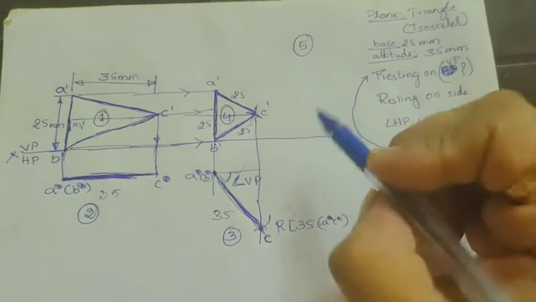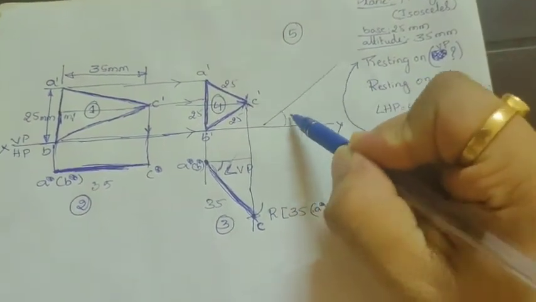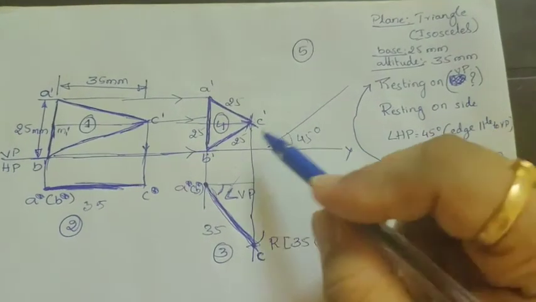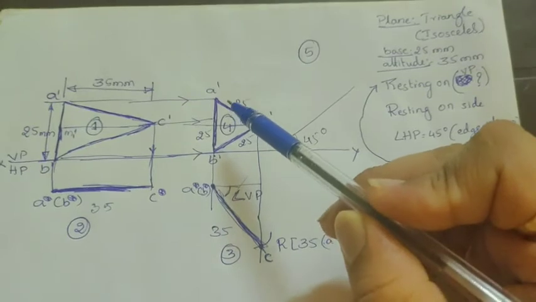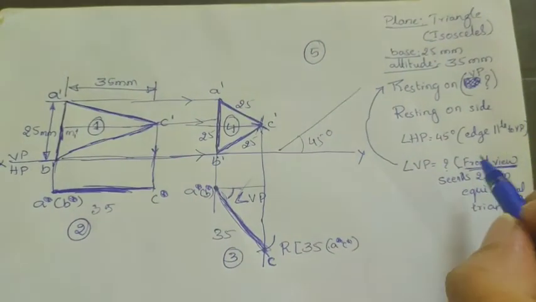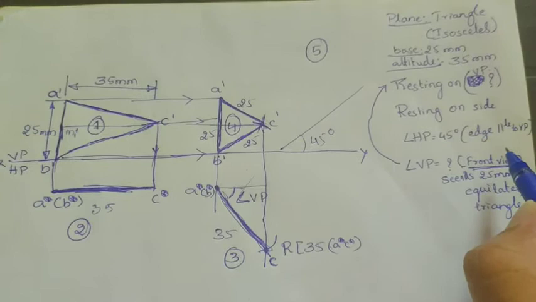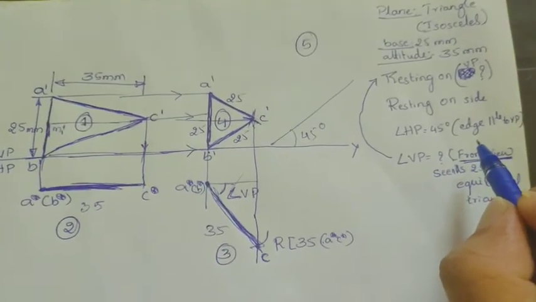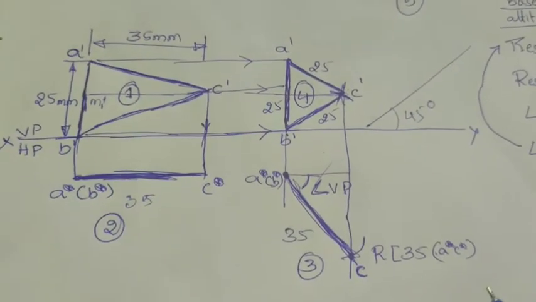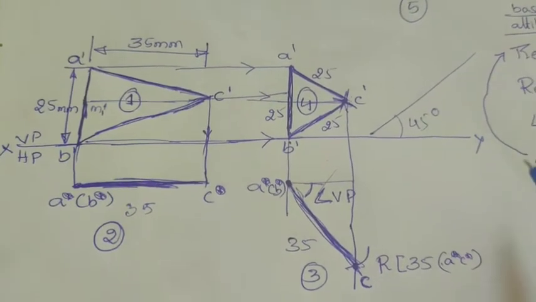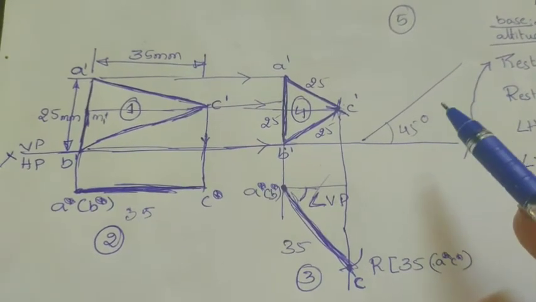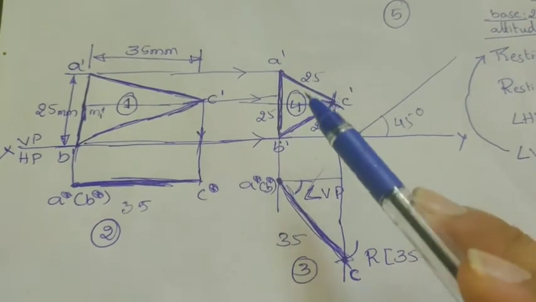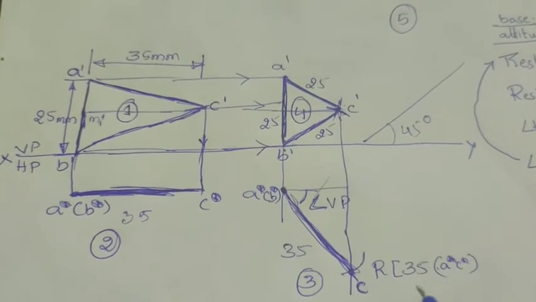In the fifth diagram, it is given that there is a 45-degree angle. And what is having the 45-degree angle? The line or the edge which is parallel to VP is having 45 degrees with respect to the XY line. In the fifth diagram, the line having 45 degrees is the A dash to B dash line.